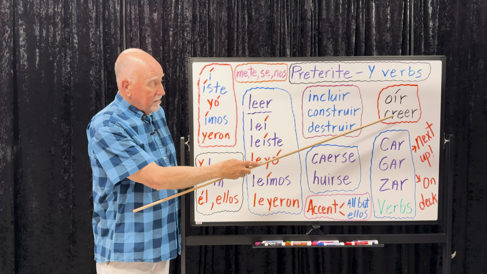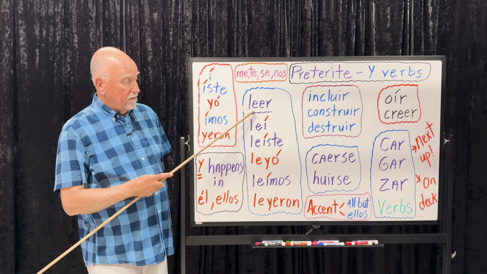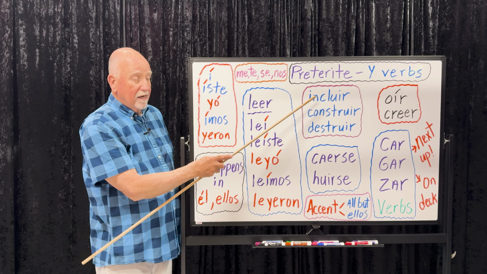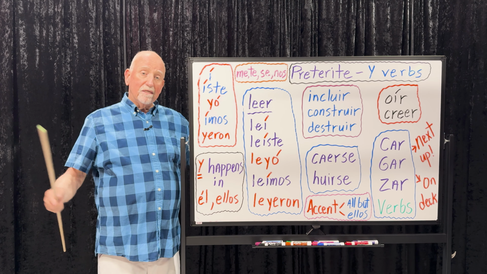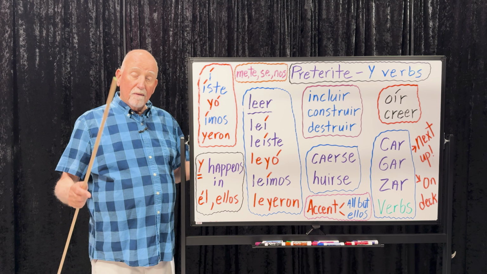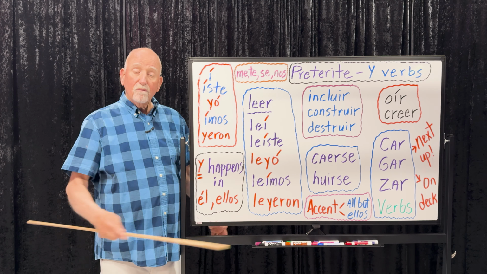Now, oír and creer. Those are big verbs. This is huge. Leer, big. Caerse, and these two are big as well. Incluir, again, we know in English, how many times do you say include? Yeah, you say it a lot, but it's not like a top verb. To build, we use it, and to destroy, we use that as well.